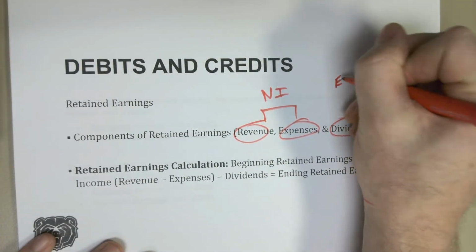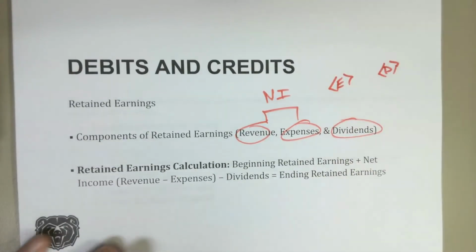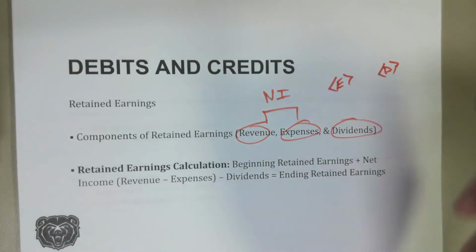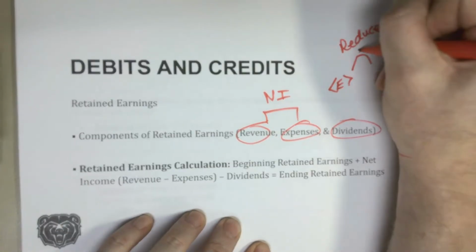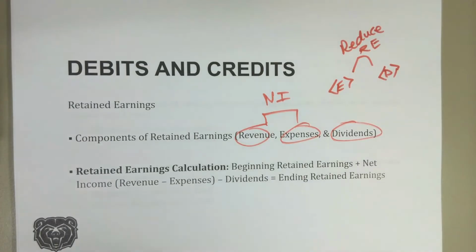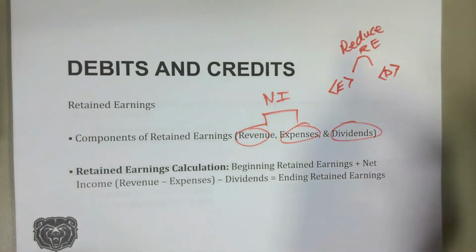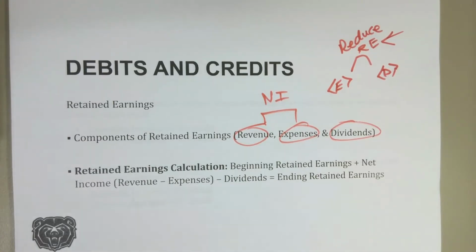That's why you always see me write those like this when I'm writing out my expanded accounting equation, right? Why? Because these two reduce or decrease retained earnings, okay? So I always represent them as a negative. Even when they're increasing, I like to put that they're a negative. It helps me remember that in the long run, they're going to reduce retained earnings, which is going to reduce our equity, okay?